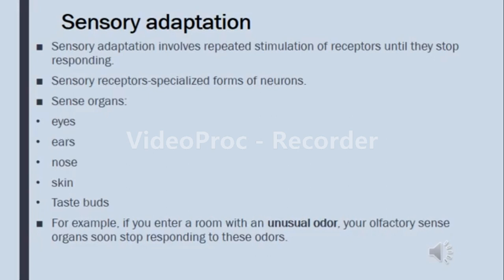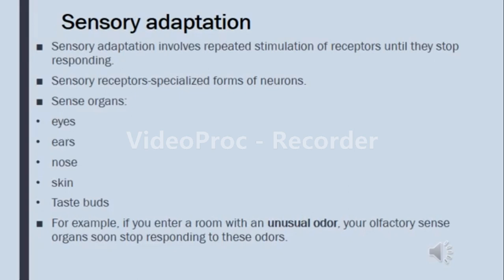In sensory adaptation, the sensory receptor cells respond to continuously repeated stimuli. We know that our ears, eyes, mouth and skin respond to continuous changes in the environment.